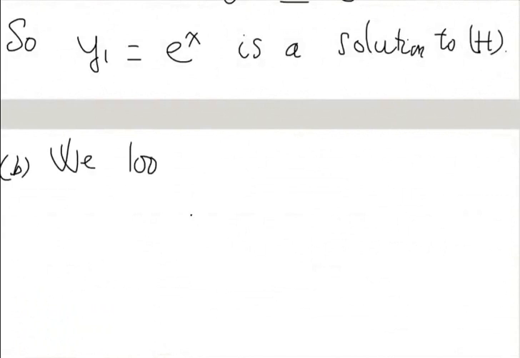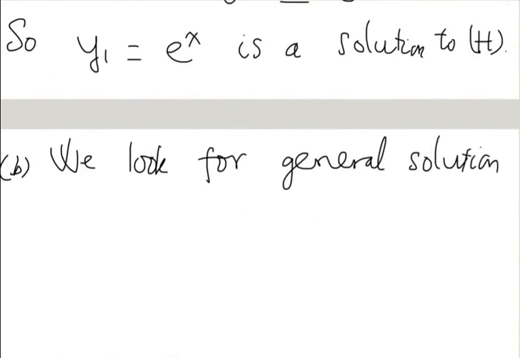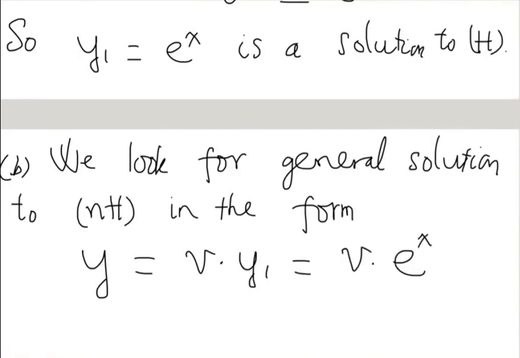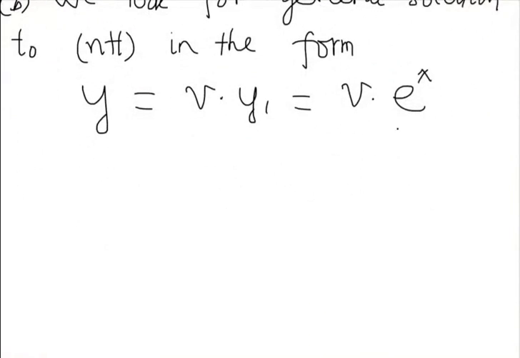So we look for the general solution to the non-homogeneous equation in the form y equals v, the new unknown, times y1. So it is v times e to the x, because y1 is e to the x. And as before, v is a new unknown we need to find. Take the derivative using product rule.